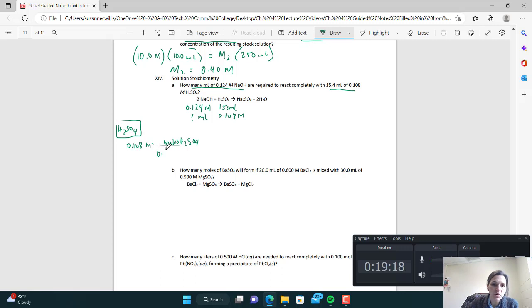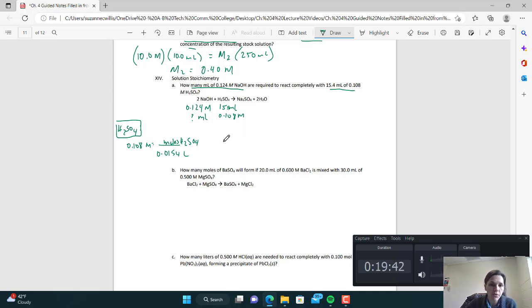The liters are going to be 0.0154 liters. So see if you can tell what I've done. I took the milliliters, I converted to liters, I used molarity, plugged it into the equation, and I'm going to find moles of the acid. So I'm only focusing on one part of the equation right now, on the one that I know the most about. So I'm going to cross multiply here, and this is going to give me the moles of acid.